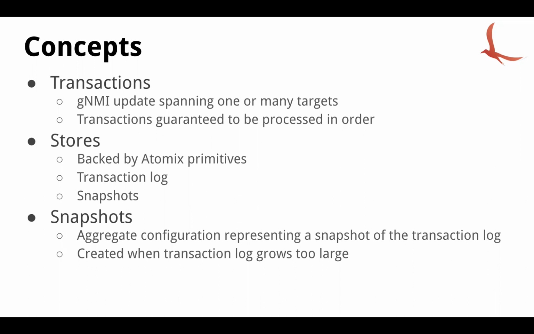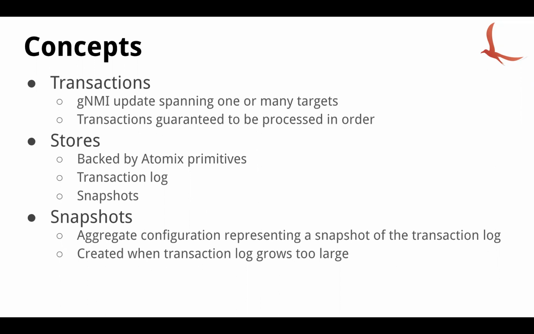It's like a sorted map that has indexed entries, which we can use to randomly update entries in a log or append entries to a log. And this is what provides the order. This is what determines the total order of changes that are coming into ONOS config and the order in which it will apply them to targets on the southbound.